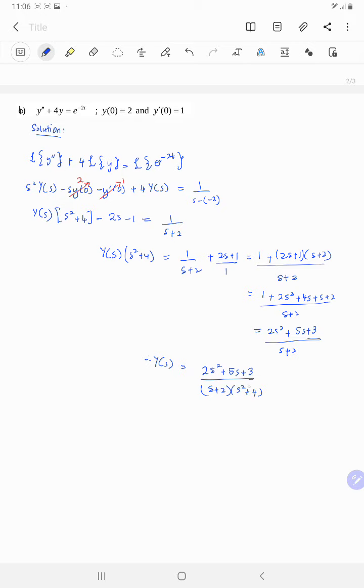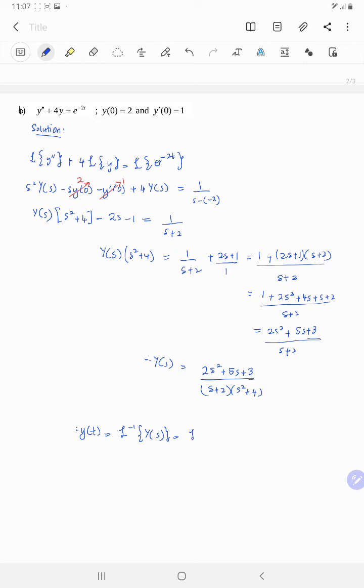Okay, now you already get the capital Y(s). So now we want to find the solution y(t). The solution y(t) is always taking the inverse Laplace transform of Y(s).